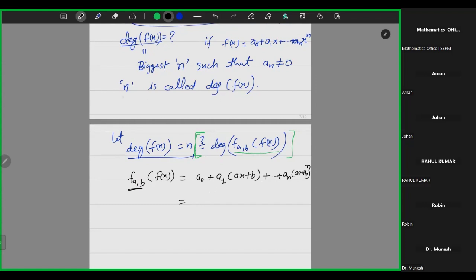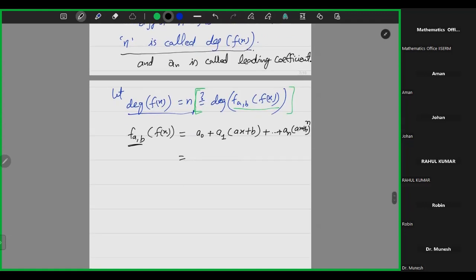Here n is called the degree and An is called the leading coefficient. I'm mentioning this the second time, but it is important. The leading term matters to calculate degree: we want the largest possible n such that the coefficient is non-zero.